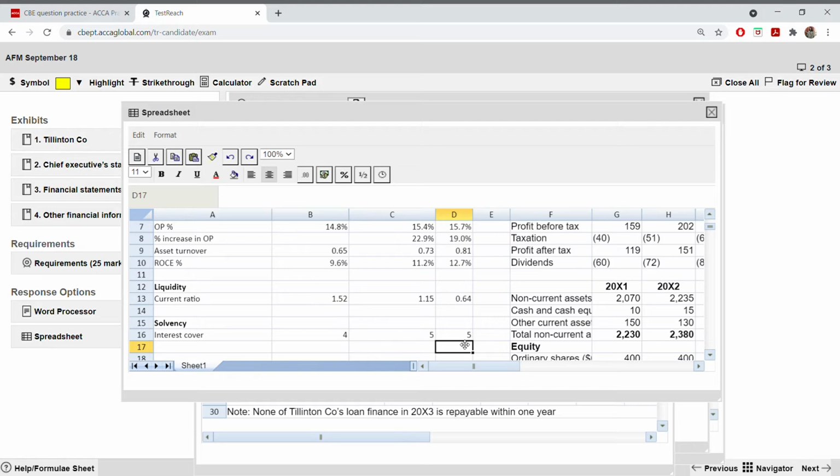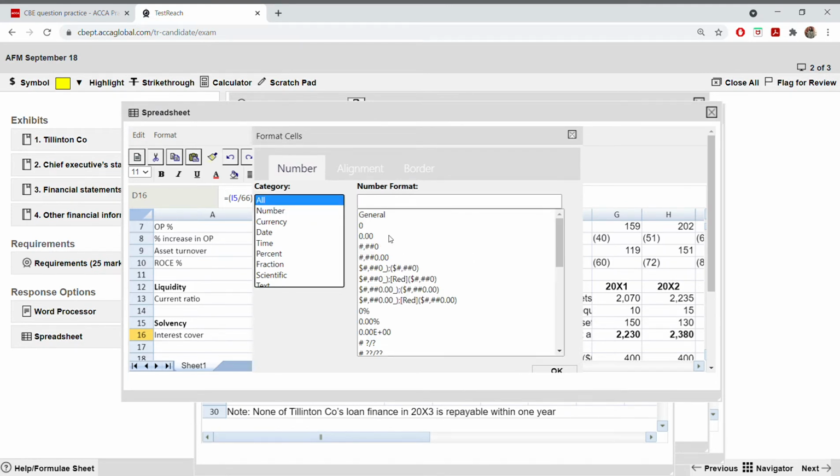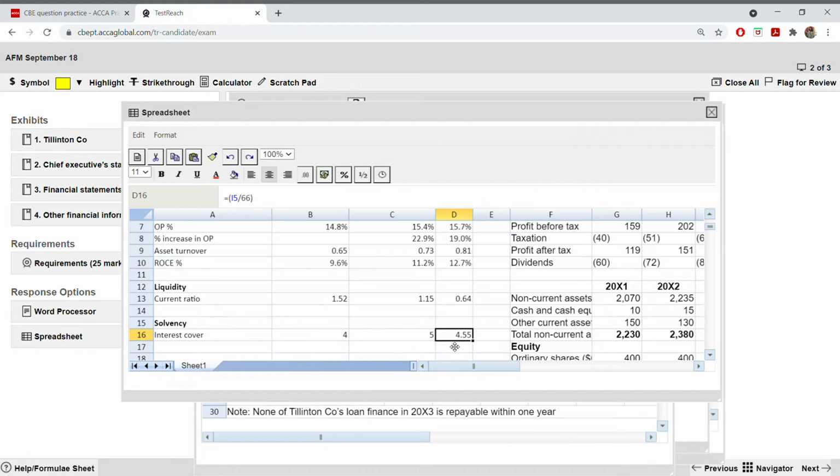The reason why it's showing 5, it is supposed to be one decimal place you have to take it in. So you can round it up to one decimal place.